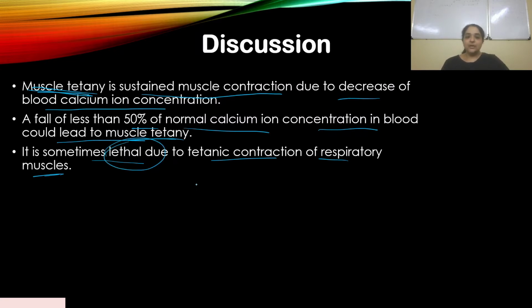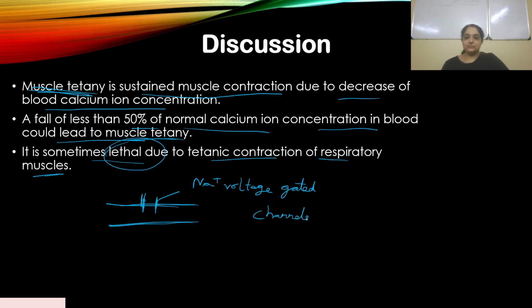Now when neurons are firing the stimulus to the muscle, please refer to neuronal control and coordination, the nervous system, in your book for detail. If you don't follow what I'm saying, please go read that. We have sodium voltage gated channels here.